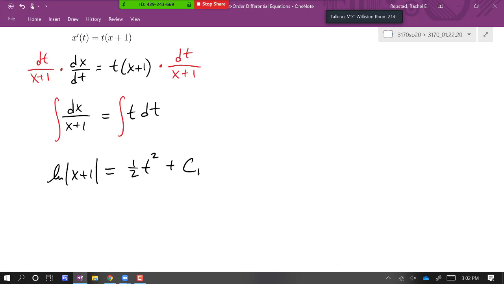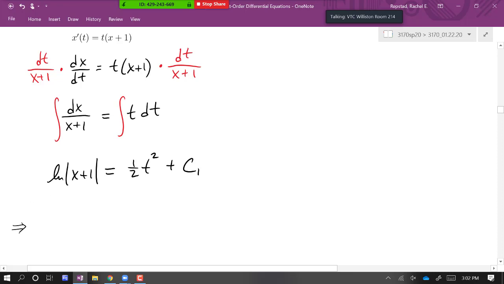So, again, remember our goal is to get x of t equals some function of t. Right now my x is stuck inside a ln function. So what do we do? Yeah. So if ln of this stuff is equal to the right side, we just write the exponential form.